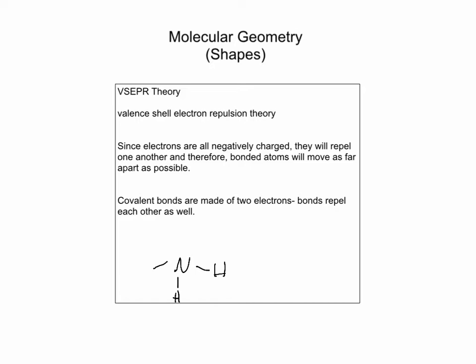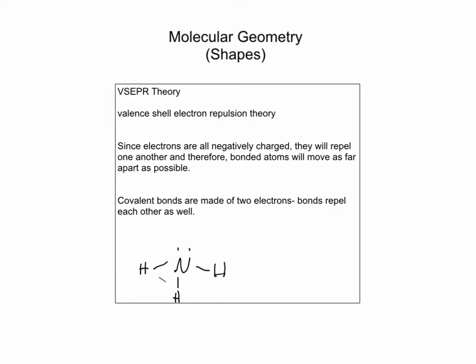And you'll notice that when we've been drawing Lewis structures, I've been spreading out where the bonds are and the lone pairs. The reason is that since all of these bonds contain electrons and the lone pair is made up of electrons, they all repel each other.